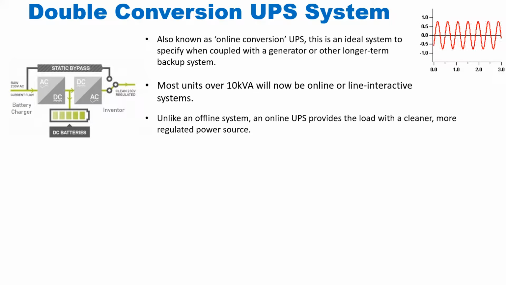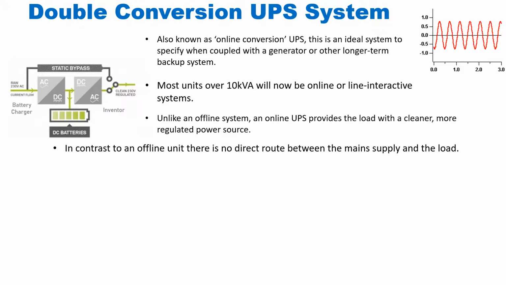So the utility power is not going directly to your appliance. It's first getting converted into DC, going into the battery, and a separate circuit is drawing current from the battery, converting it back into AC, and delivering that to your appliances. So there's a disconnect between appliances and the utility power at all times.